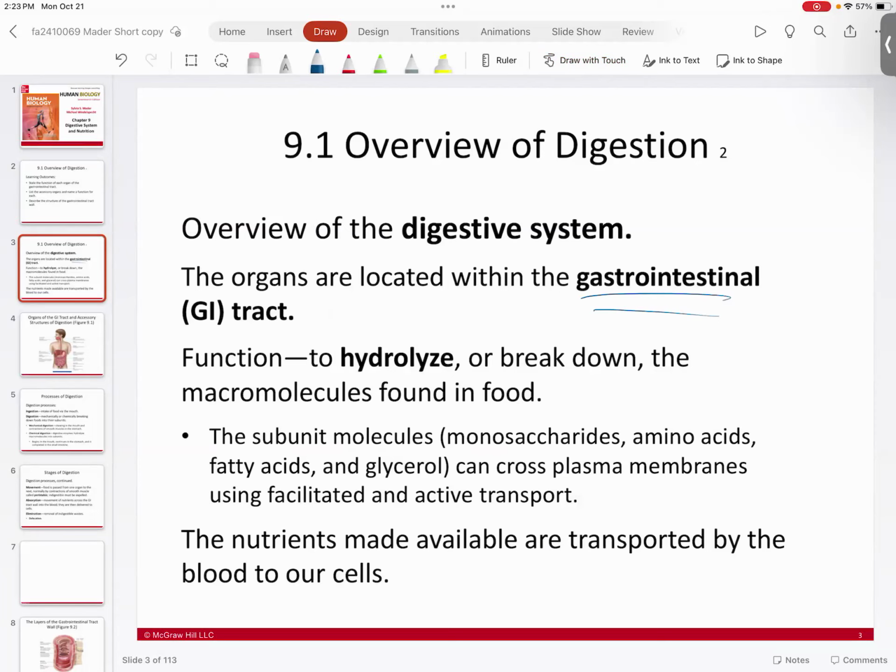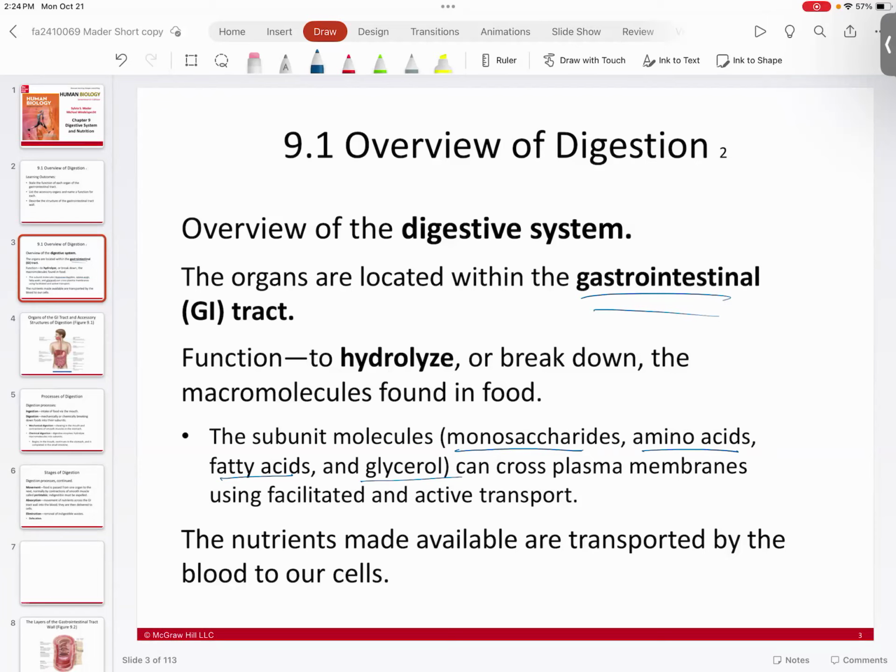And so the goal of the digestive system is to basically break down and hydrolyze your food molecules. And so you're going to take your food, you break it down into smaller pieces until you get down to your monomers, right? So your monosaccharides, your amino acids, fatty acids, glycerol, nucleotides, right? So basically all those building blocks, remember we talked about in the macromolecule section, we talked about building proteins, building carbohydrates and things like that.